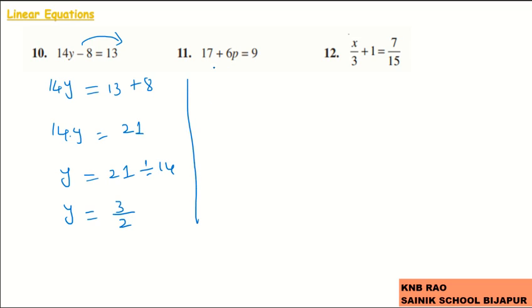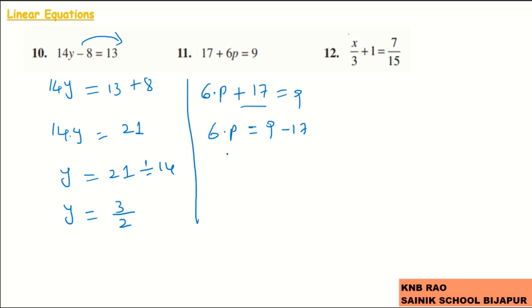Coming to the question number 11, here 6 times p plus 17 equals to 9, that way we can write. Addend 17 to be subtracted. If it is transposed, it becomes subtrahend.